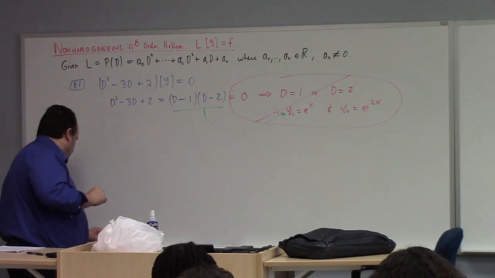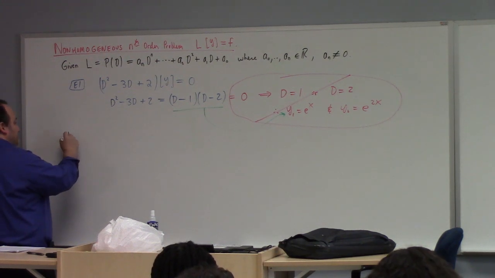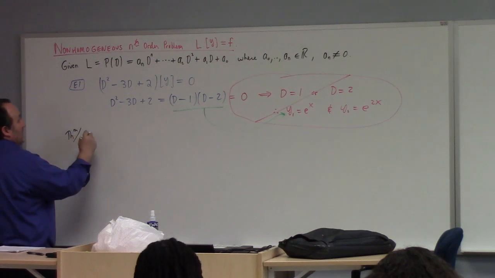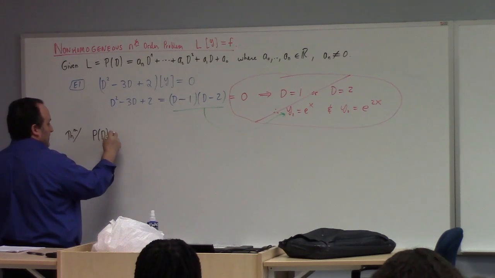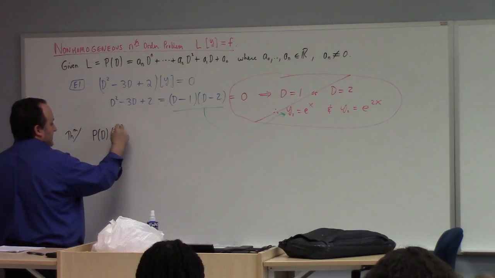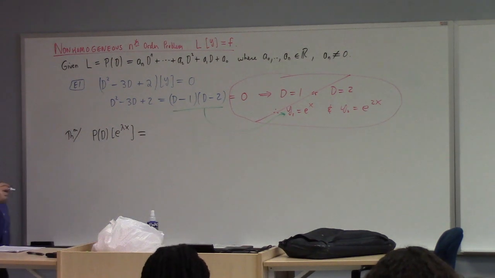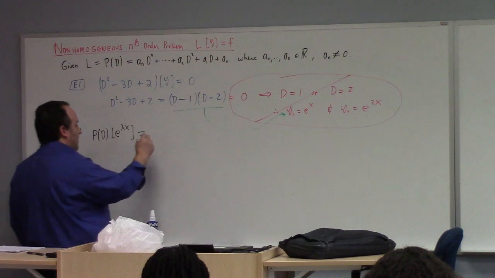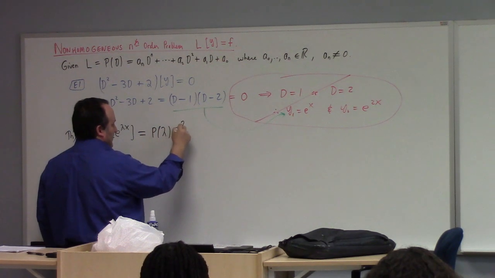So there is another notation. Here's a theorem. A polynomial in the differentiation operator acting on e to the lambda x is equal to, check this out, the same polynomial of lambda times e to the lambda x.